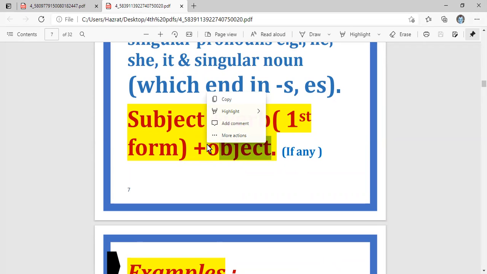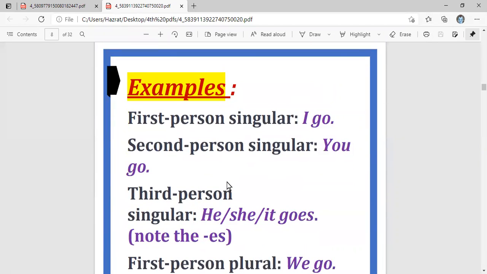For example, I go, we go, she goes, he goes, they go, Hassan goes. That is all about verb agreement.